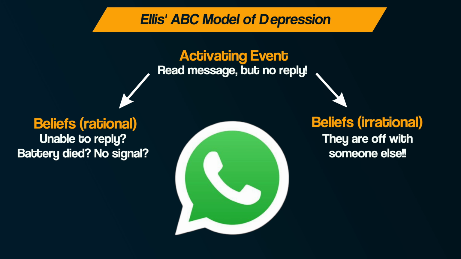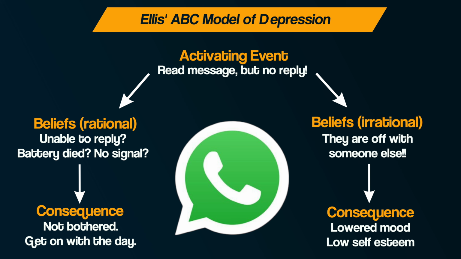B. Beliefs, where a person interprets the event rationally or irrationally, and C. Consequences, where irrational thoughts lead to negative emotions and depressive symptoms. According to Ellis, depression arises not from the event itself, but from irrational beliefs about the event, which trigger unhealthy emotional responses. In contrast, rational thoughts lead to healthier emotions and better mental well-being.